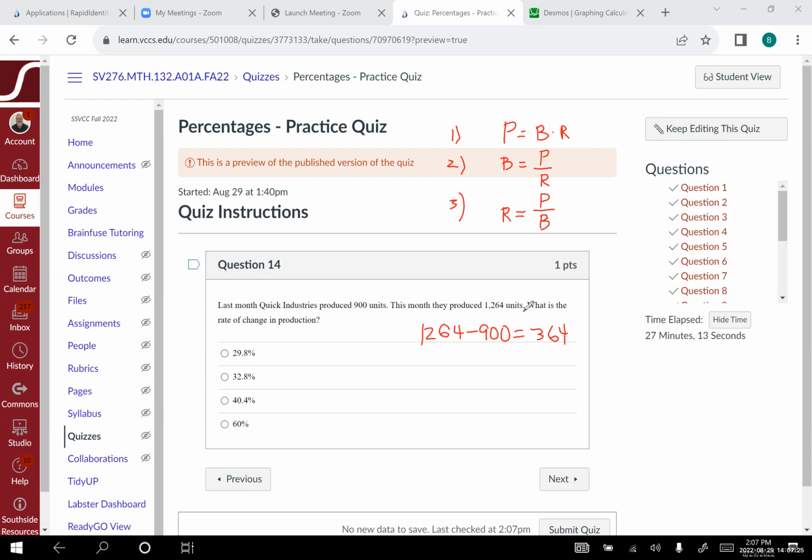Now we want to know what the rate is. So we're looking for the rate of change. We started with 900 units. So that's going to be our base. And we divide that into, this is our part. So our rate of increase is based on our beginning amount as the base, 900.